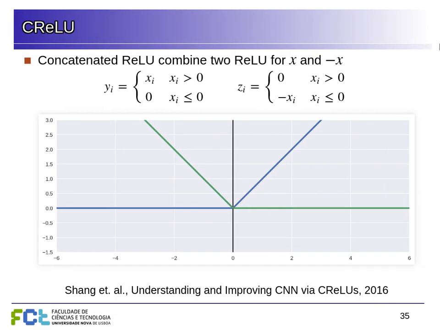There are other options. For example, concatenated rectified linear units use the output of conceptually two rectified linear units, one on the positive side, one on the negative side, so you don't have this small slope here. You have two slopes of -1 and 1.